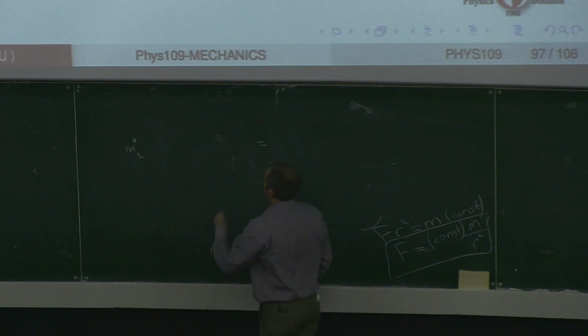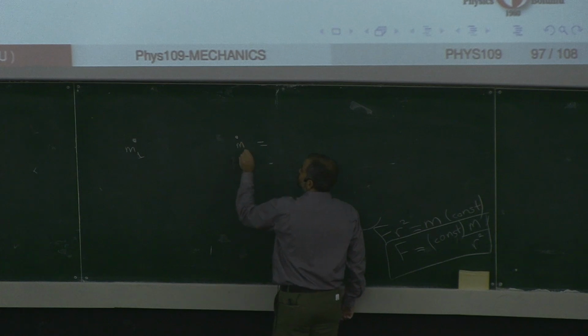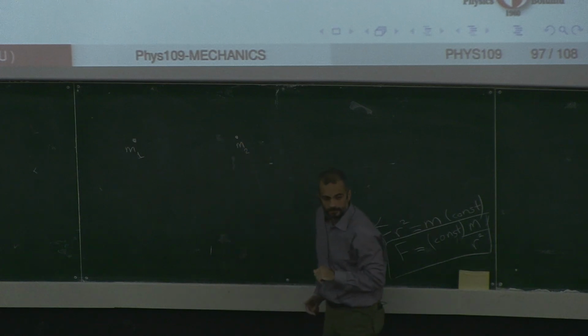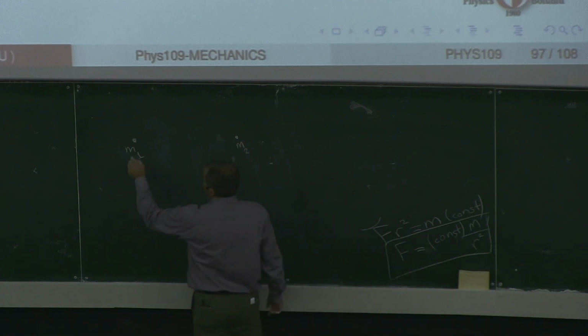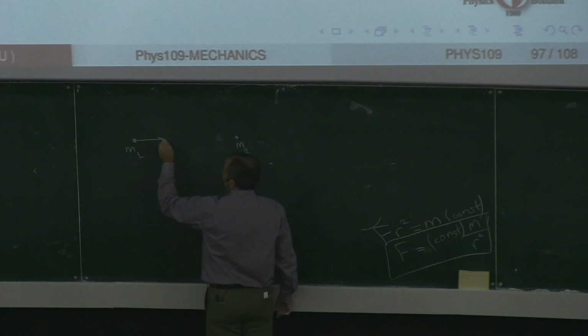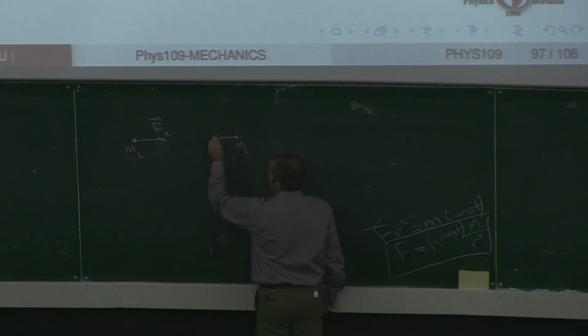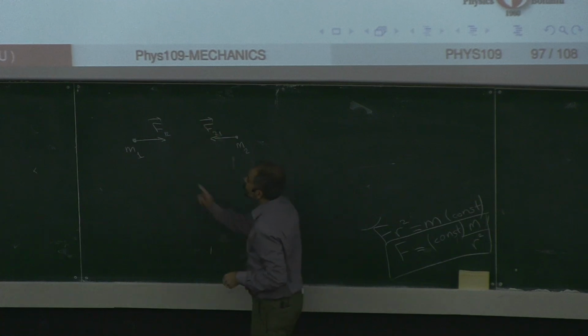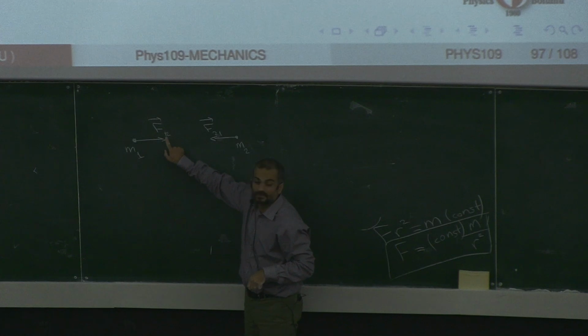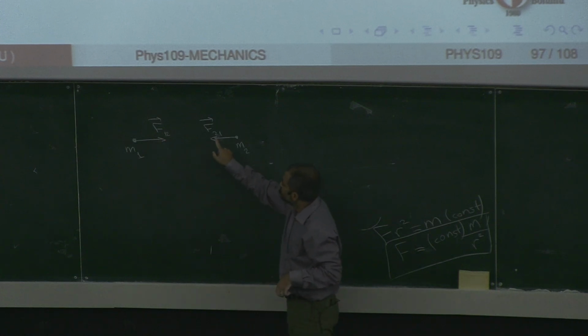If I have a mass m1, and I consider a second mass m2, then mass m1 should feel a force in this direction. Let's denote it by F12. This mass feels another force, let's call it F21. F12 is the force felt by the first mass due to the second mass, and F21 is the force felt by the second mass due to the first mass.